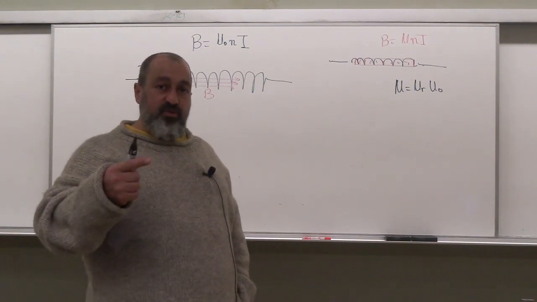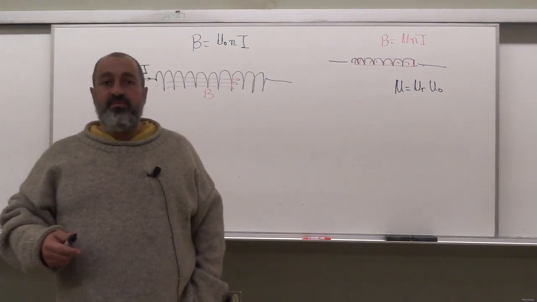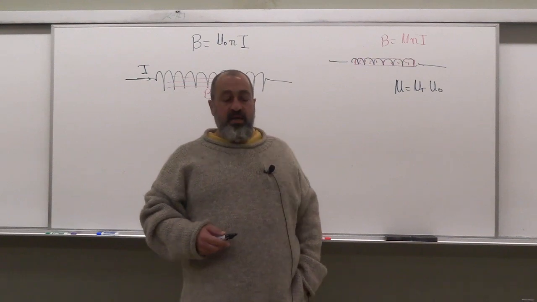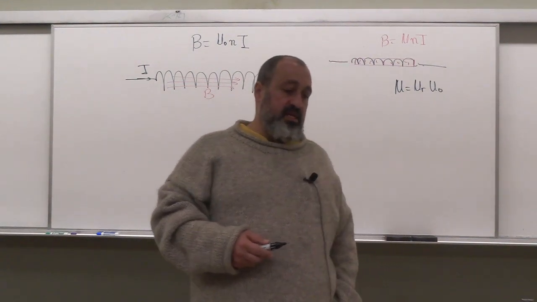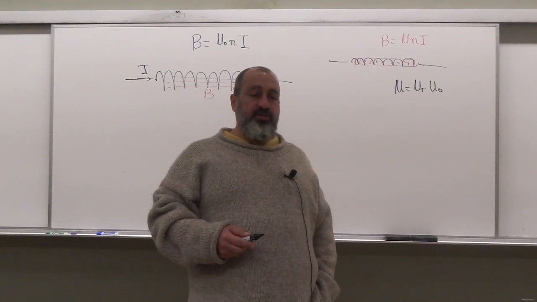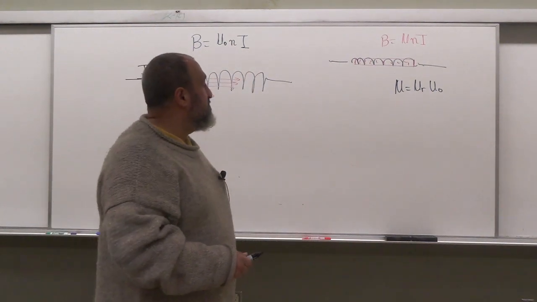Basically the domains line up to help you, giving a stronger magnetic field for some materials. So look up iron and see how much advantage you get by putting a piece of iron inside this.